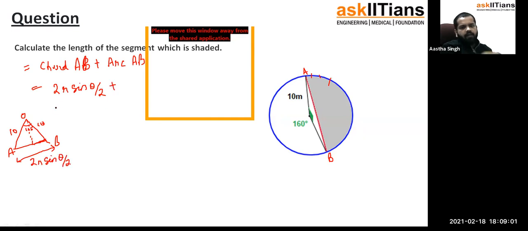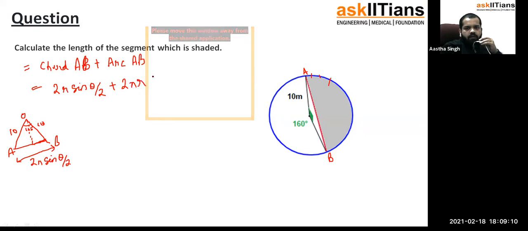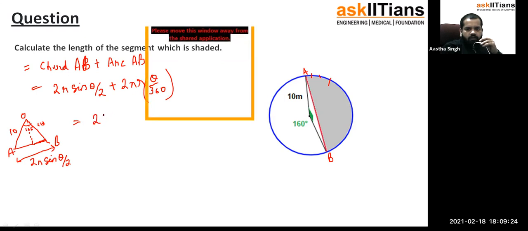Plus arc AB. Your arc AB is basically the length of an arc, which is calculated by 2 pi r into theta upon 360. So it is basically 2 into r. What is r? R is your radius, 10. So 2 into 10 will become 20. Then sin theta by 2.